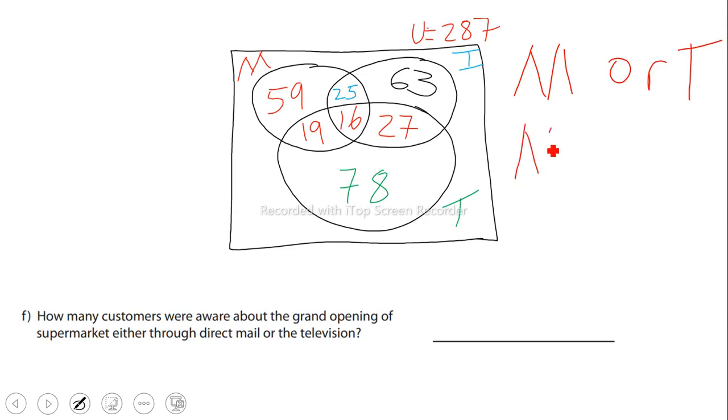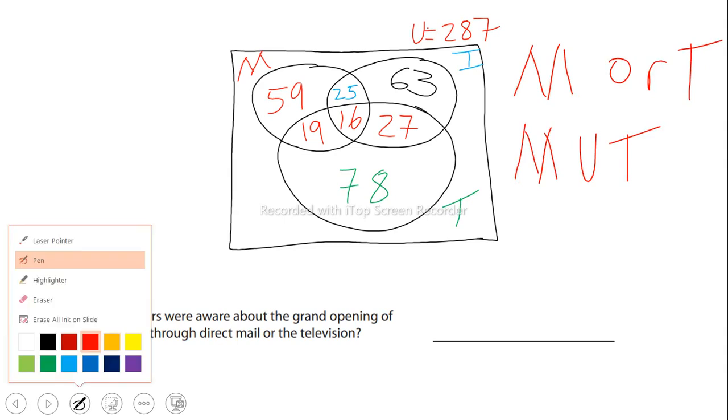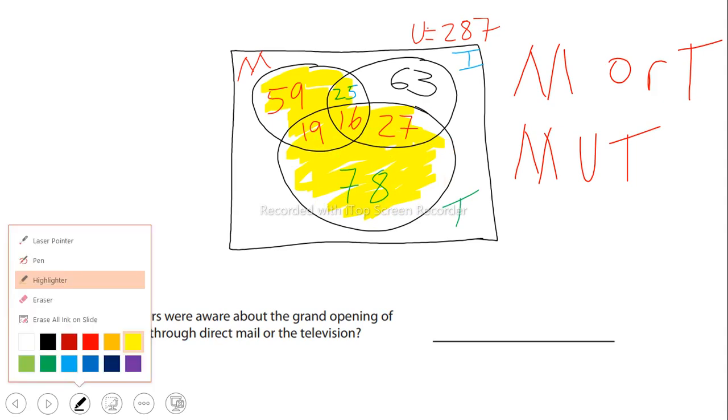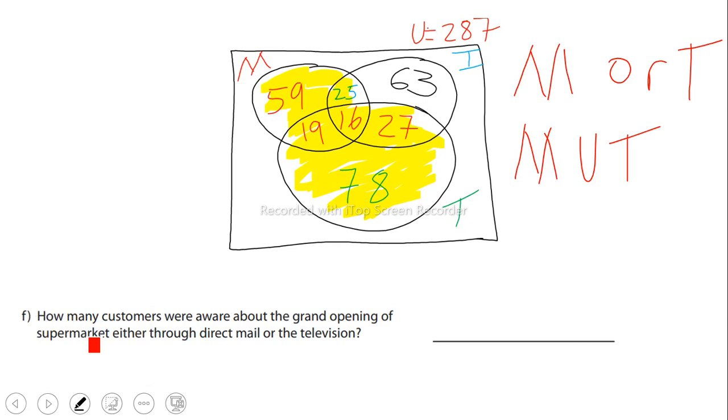They want M union T. So that's all of this, all of that, along with T, right? So we have to add in all the ones that are highlighted in yellow. So it's going to be 59.